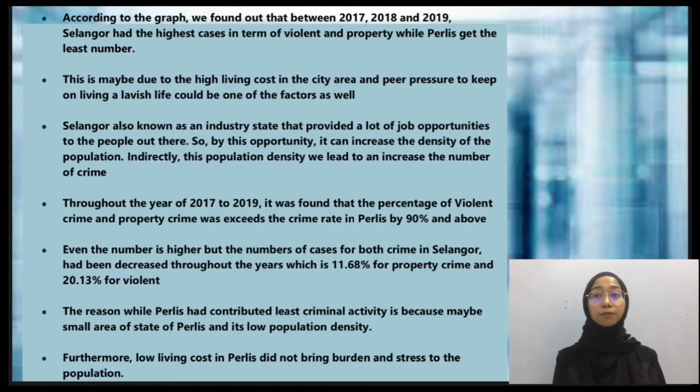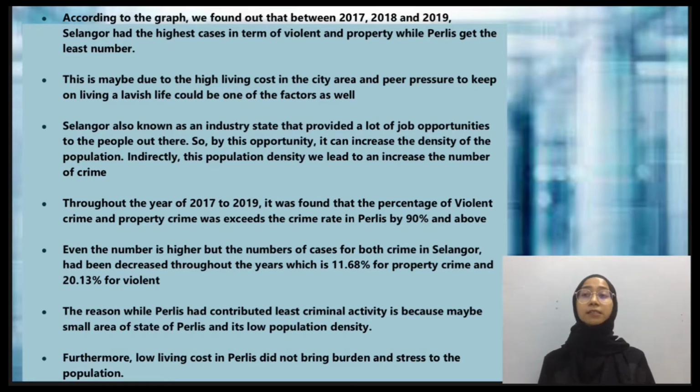According to the graph, we found that between 2017 and 2019, Selangor had the highest number of violent and property cases, while Perlis had the least. This is maybe because of the high cost of living in the city area, which puts pressure on people to live a lavish life, and this could be a factor as well.